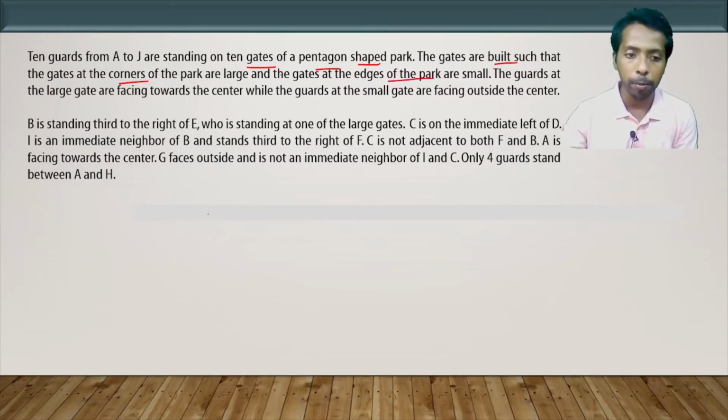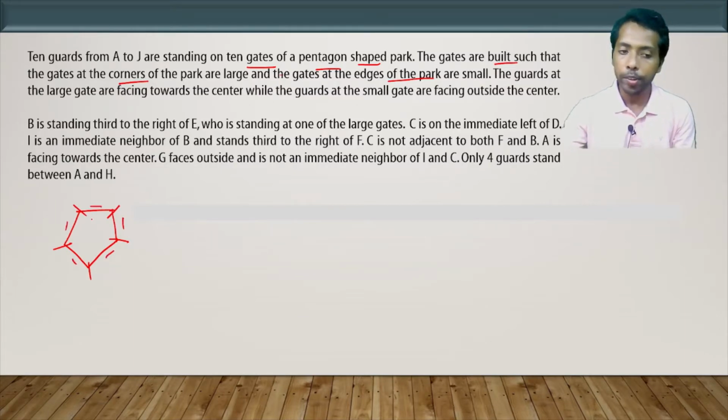If there is a pentagon arrangement like this, someone is sitting at the corner. These are the corners, 5 corners in the pentagon, and someone is sitting at the edge, this edge. So we will not follow the pentagon diagram, but the circular arrangement, and then shape it so it looks like a pentagon.